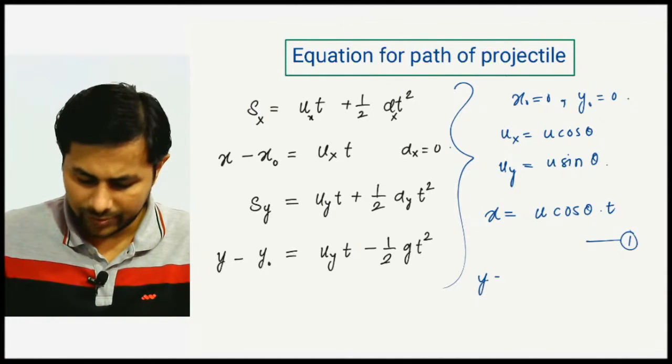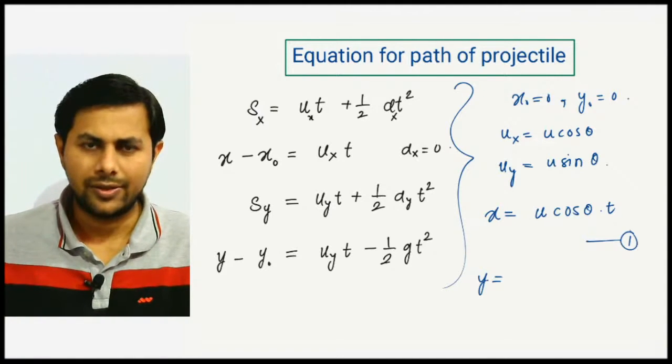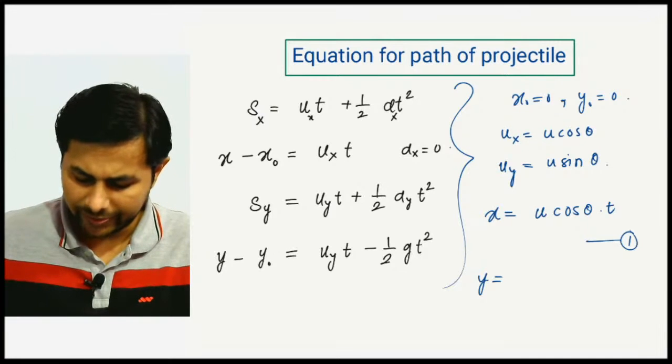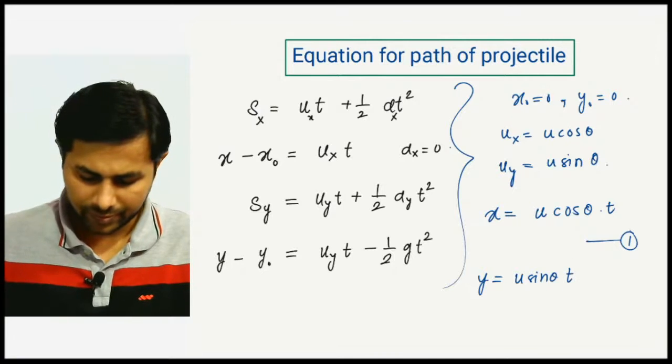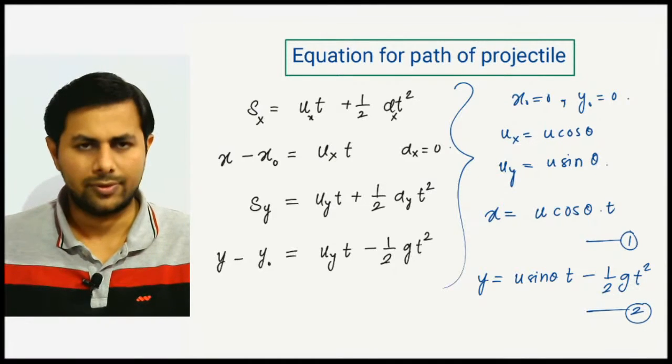And y equals uy times t minus half of g times t squared, and uy equals u sin theta. So we have y equals u sin theta into t minus half of g t squared. This is, suppose, equation number 2.